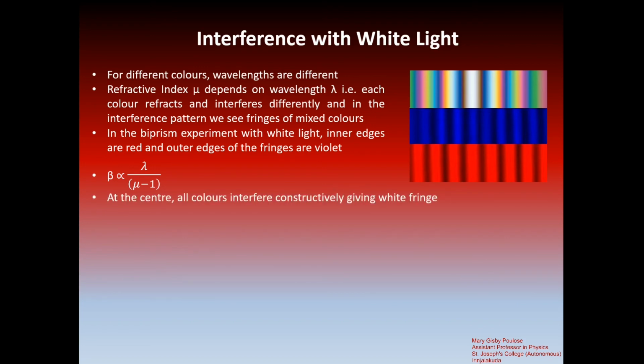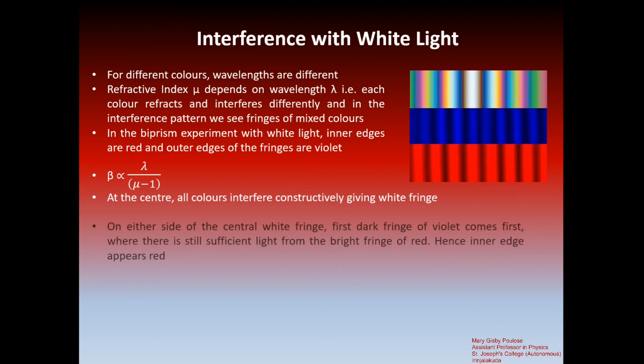So at the center, where the path difference from all the rays is 0, all colors will interfere constructively, giving a white fringe. Now on both sides of this white fringe, which color has its dark fringe come first? Violet or red? It is violet, right?